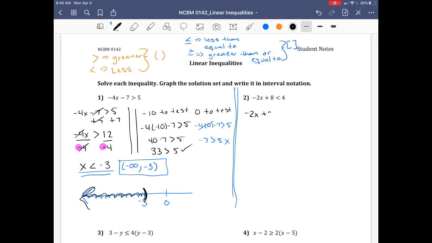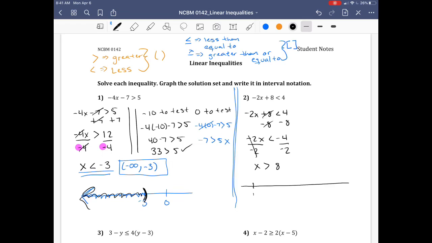Negative 2x plus 8 is less than 4. Minus 8 to both sides. So negative 2x is less than negative 4, divided by negative 2. Since we divided by negative 2, the inequality will have to change. Now we have x greater than 2.